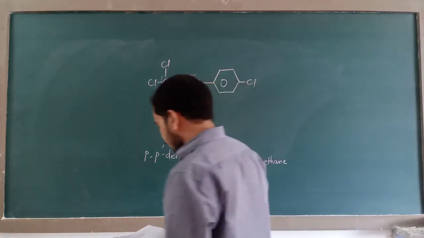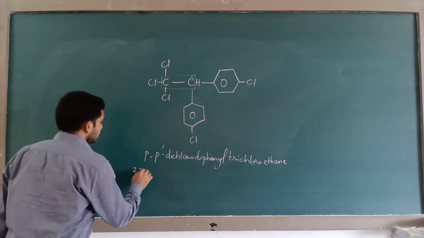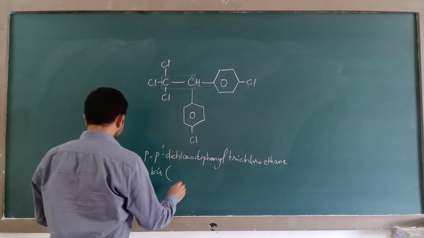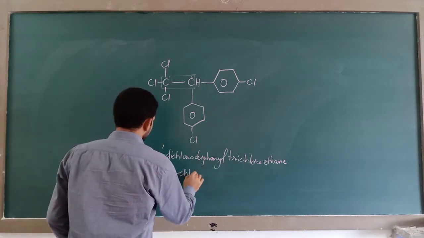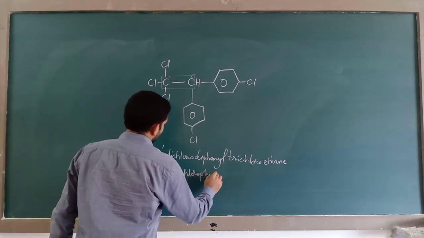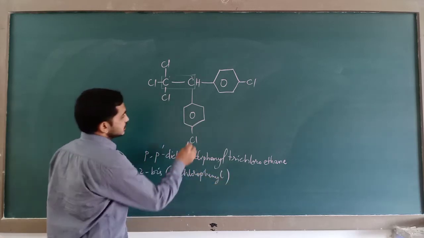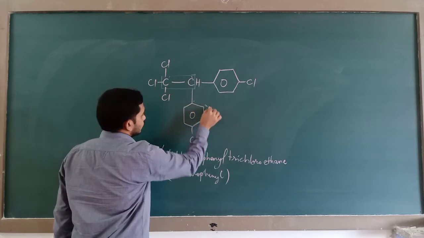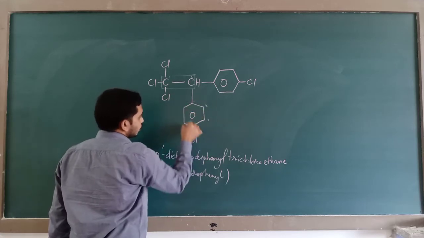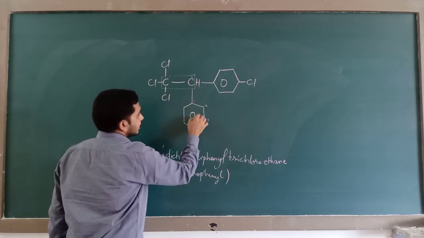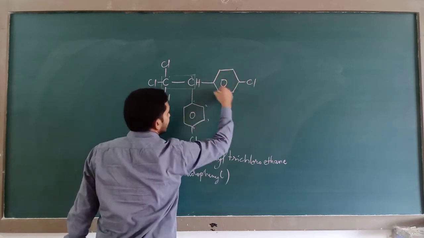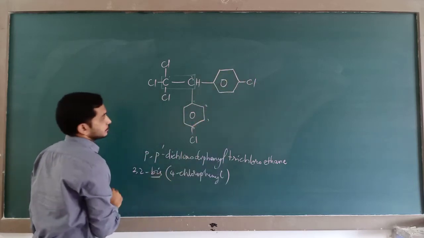Other than this, we also have another name, that is 2,2 bis 4-chlorophenyl. 4-chlorophenyl means this is 1 2 3 4, 4-chlorophenyl 2 times, therefore bis.